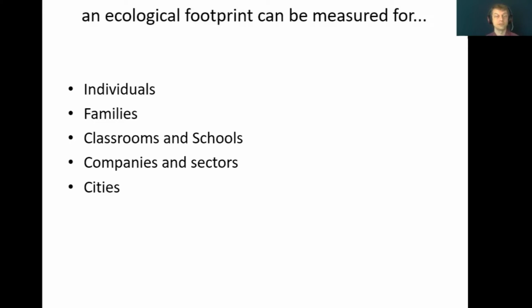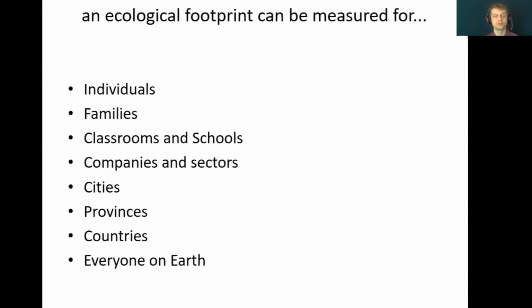It can be measured for cities, and it has been for a couple of cities in Ontario that are attentive to this. And it can be measured for provinces and states and various regional levels of government and so on, and also for countries as a whole. And what's also very impressive is that an ecological footprint can be measured for everyone on Earth.